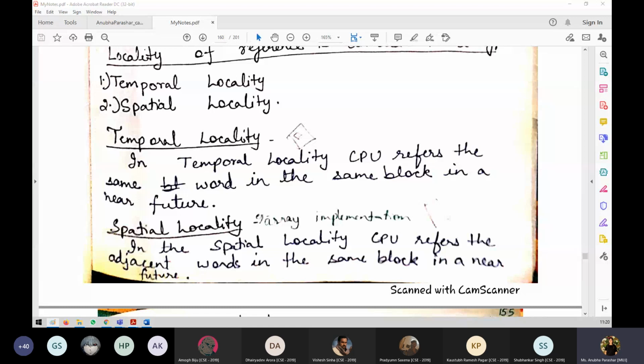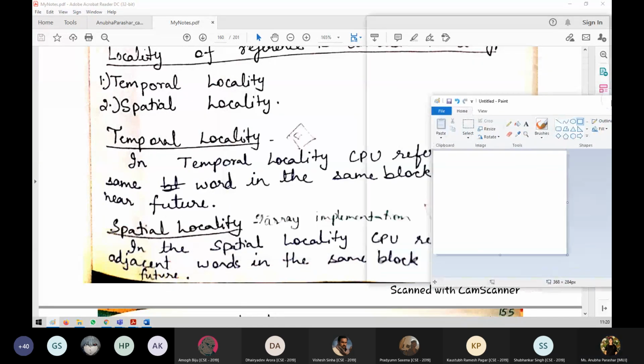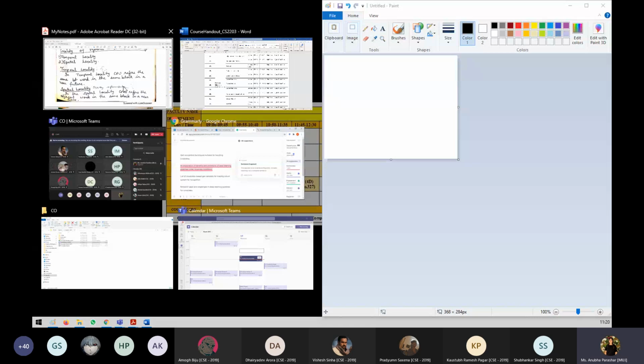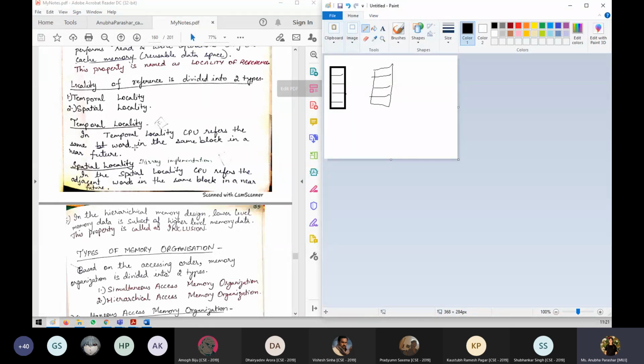So suppose this is your block of memory, and likewise you have one more. First we understand the temporal difference.